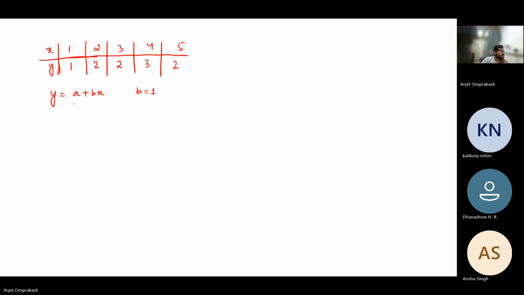So what is the value of A for the best fit line? Let's say the best fit line is of this form. So what is the value of A given that the value of B is 1, and you are given the points x is equal to this and y is equal to 10? How would you try to solve this question? Can anyone answer?